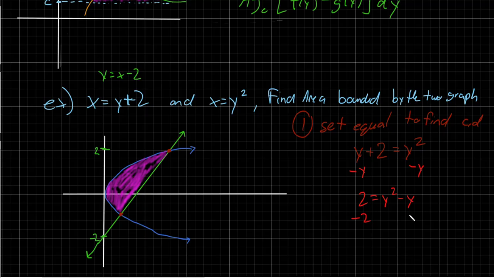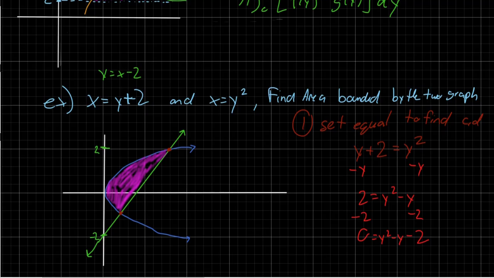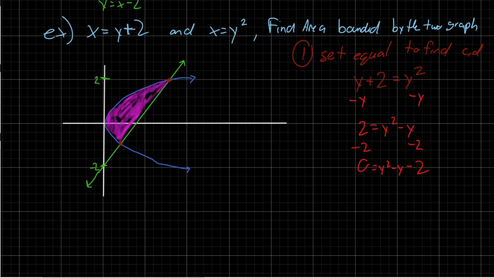You can also minus the 2 on the other side. Okay. What's next, JJ? Riley, what's next? How do we find what y equals?